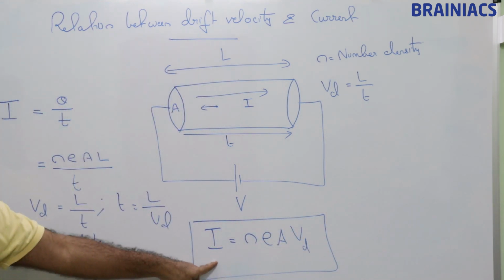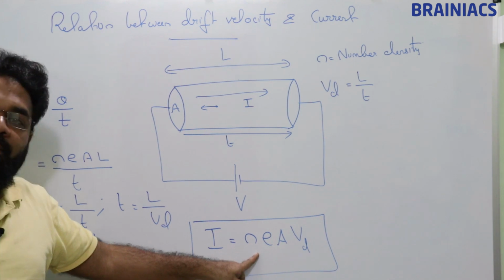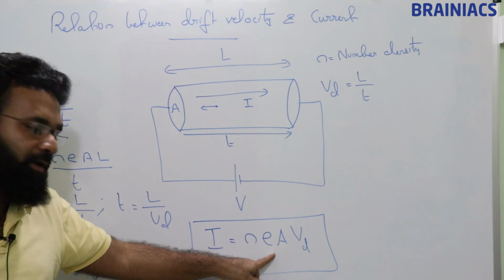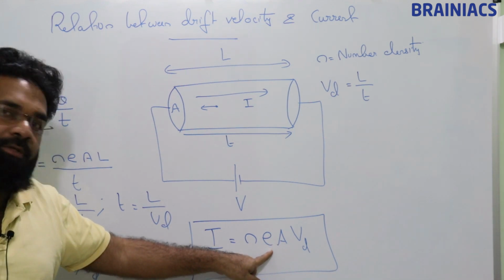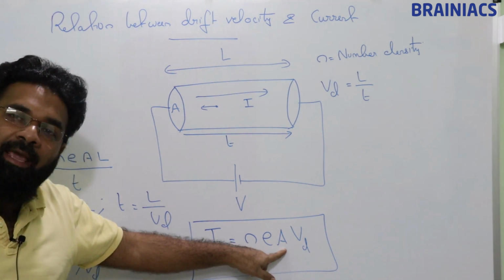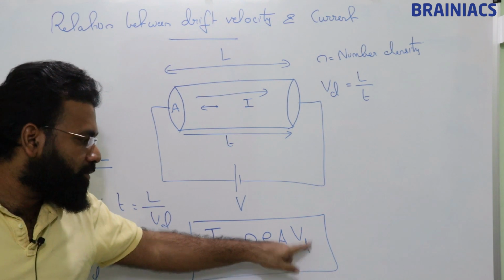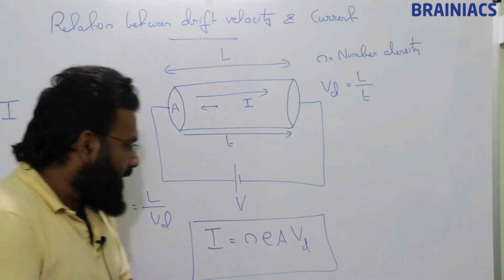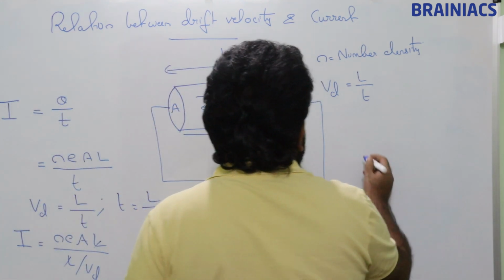Current is equal to number density into charge of the electron, into A, the area of cross section of the conductor, into drift velocity. So here we are getting a relation between current and drift velocity.